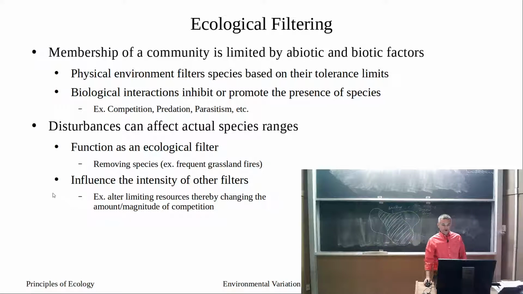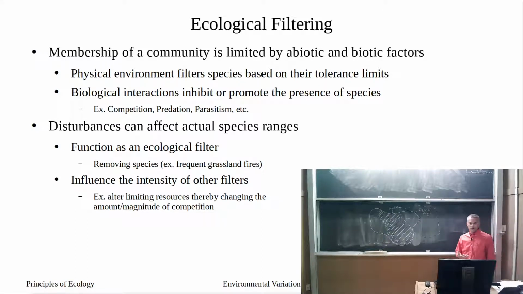All right, so ecological filtering is basically this concept that membership of a community is limited by the abiotic and the biotic factors that are out there. Our physical environment is going to filter our species based on their tolerance limits. That's our law of tolerance.